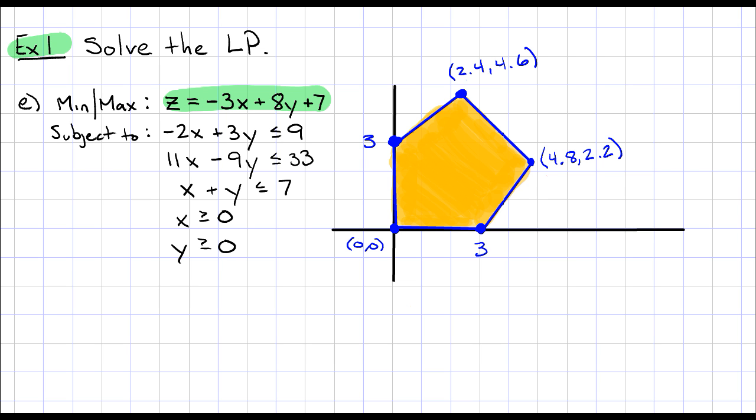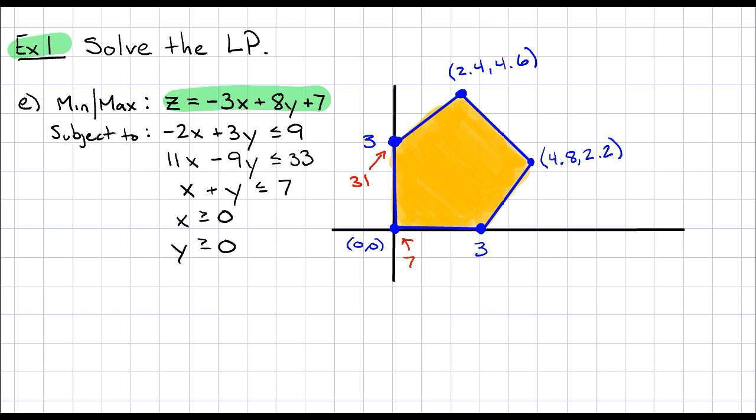If I plug the origin 0, 0 in to this function, I'm going to get 0 plus 0 plus 7, so that gives me 7. Plugging in the origin gives me 7 back out. Now if I plug in y equals 3 and x equals 0, then I'm going to get 0 plus 24 plus 7, which is going to give me 31.